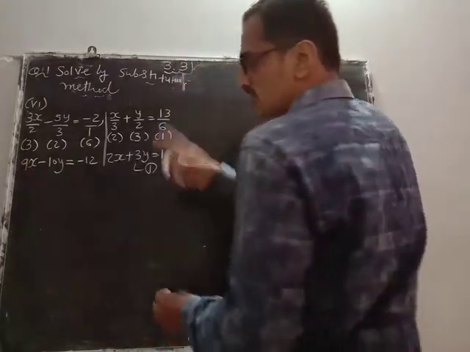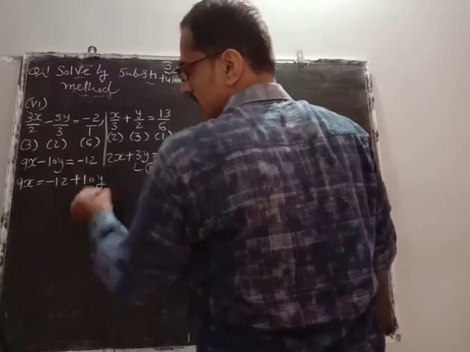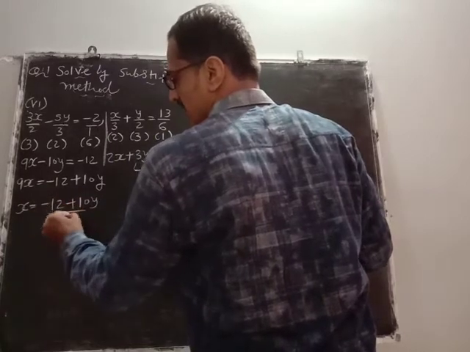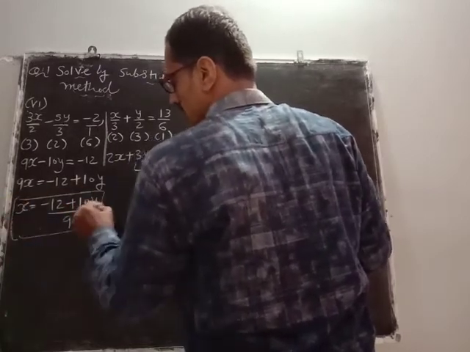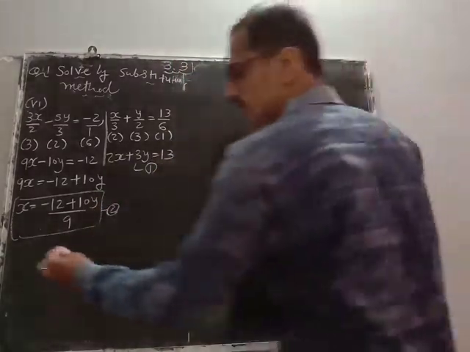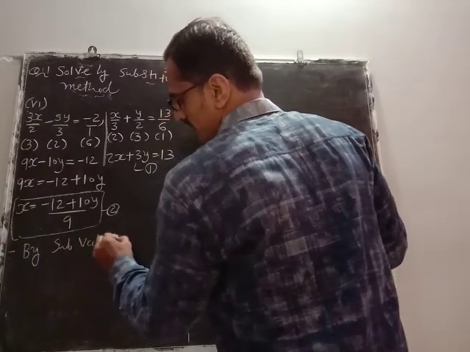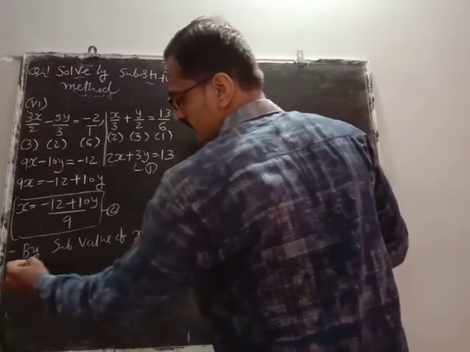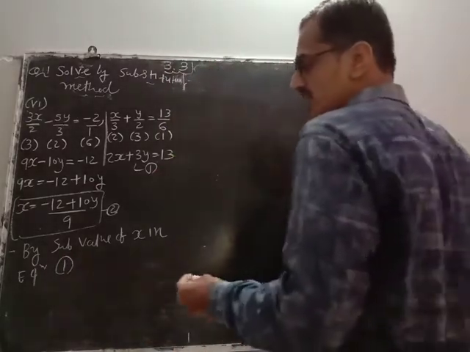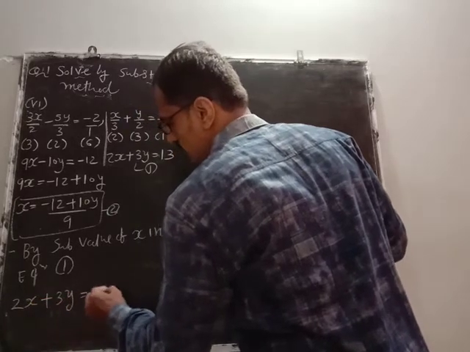Here we'll make x subject. So shift minus 10y. We'll have 9x equal to minus 12 plus 10y. So x will be minus 12 plus 10y divided by 9. This is going to be equation number second. Now substitution in which equation? First. So by substituting value of x in equation number first, we'll get 2x plus 3y equals to 13.